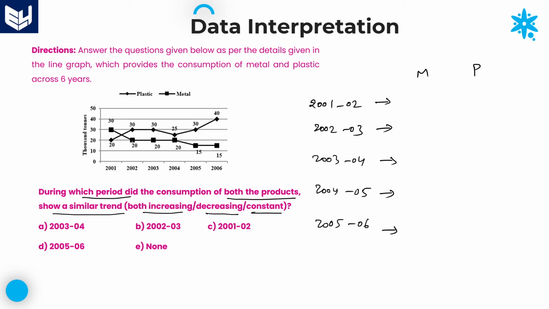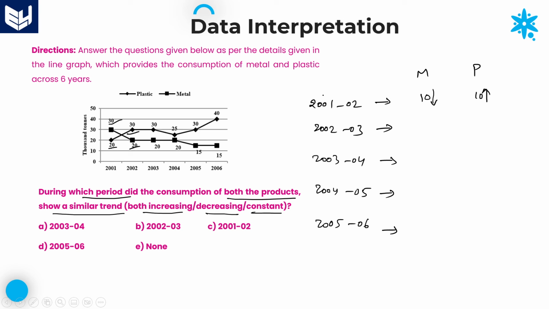First see the metal. From 1 to 2, the metal value is 30 to 20, decreased by 10. And coming to plastic, 20 to 30, the value is increased by 10. So from 2001 to 2002, one is decreasing, one is increasing.